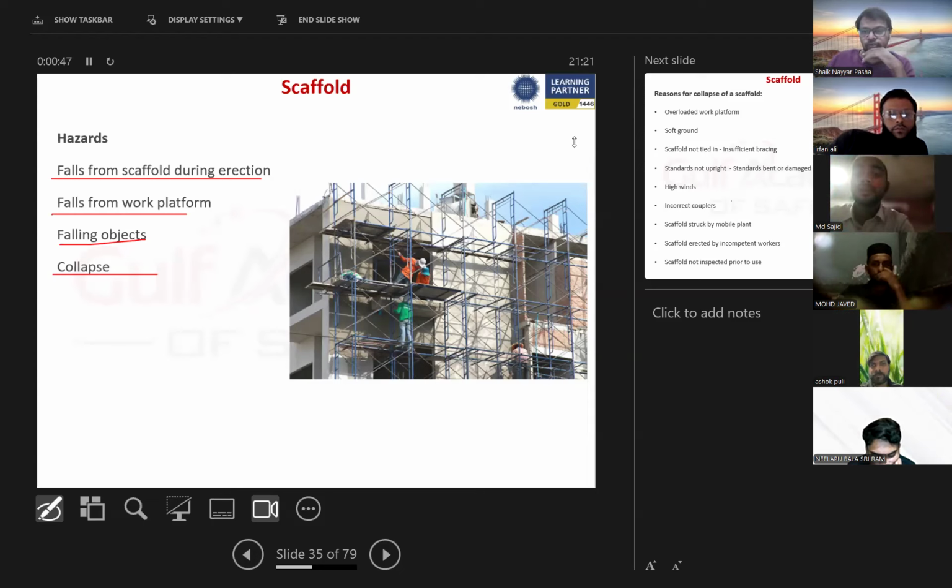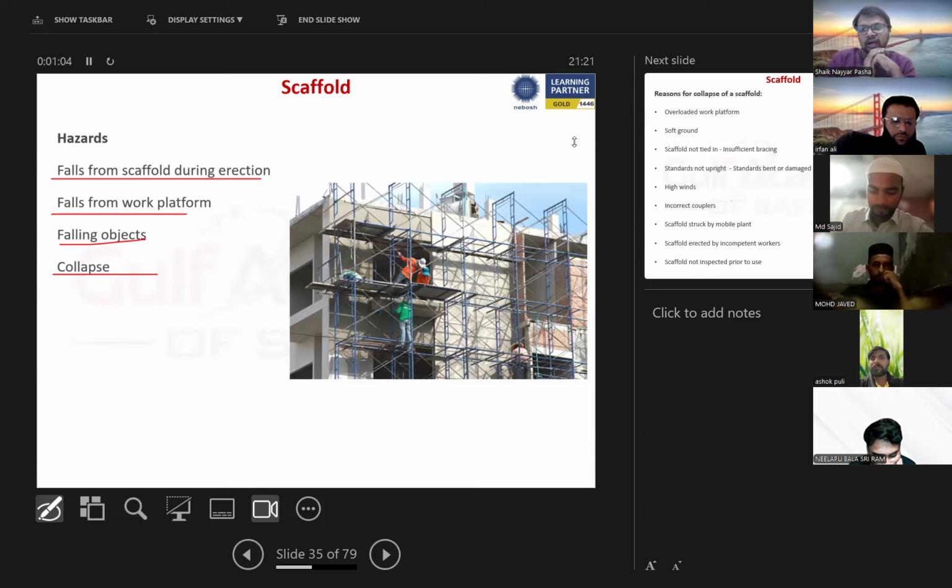Loose soil, maybe the cause. Okay. Or poor weather conditions, extreme wind might blow away the scaffolding, or overloading the working platform. Workers are overloading the materials on the scaffolding.